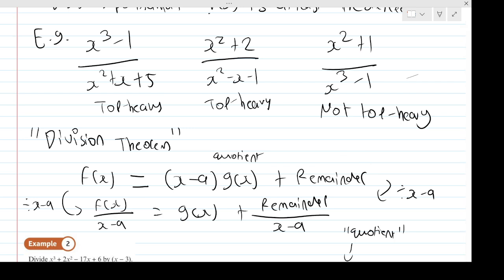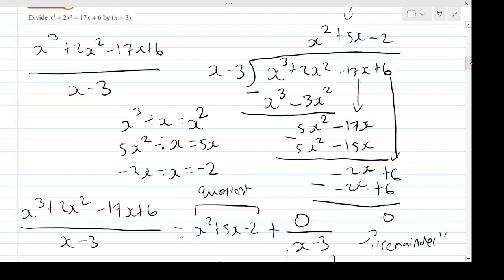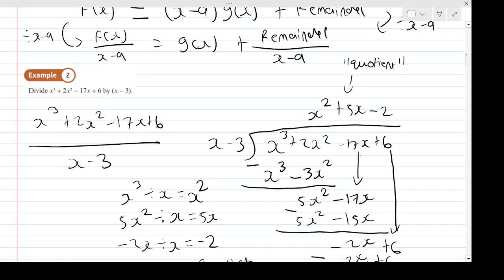This division theorem is just tying it all together, right? That's what's going on. That's what the bus stop division method is giving us. But you don't have to learn that. The main idea from this is you need to be able to perform algebraic division using this sort of bus stop method, also called long division.